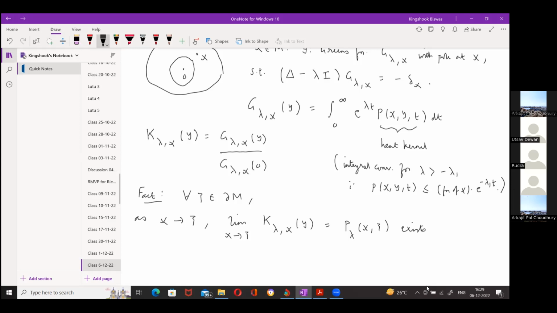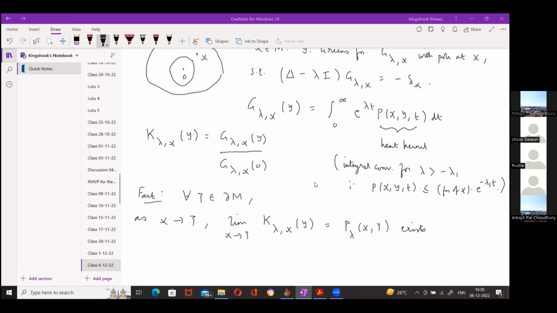Remember, we proved the Harnack-Yau inequality for positive eigenfunctions also. So this has a subsequential limit by Arzela-Ascoli, a subsequence which will converge to some positive eigenfunction. But in fact, the limit exists, no matter which way you converge to the boundary point xi.